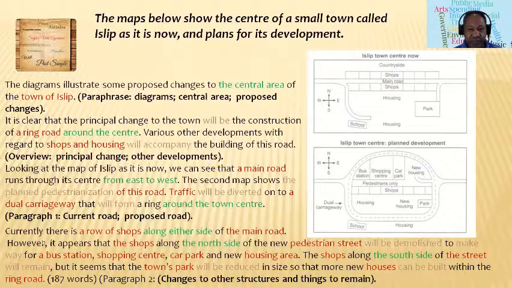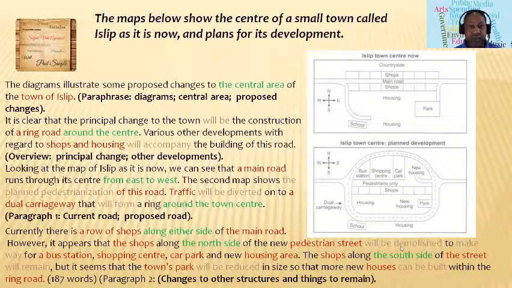The second paragraph, so we begin. Currently, there is a row of shops along either side of the main road. Correct. However, it appears that the shops along the north side of the new pedestrian street will be demolished.